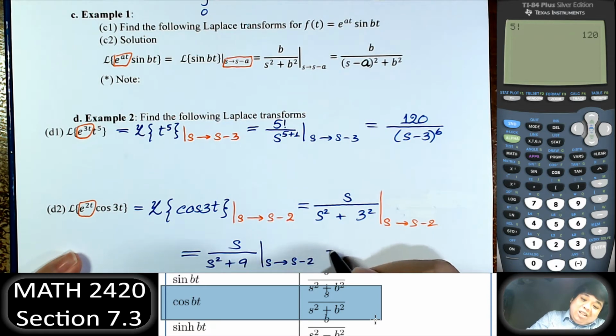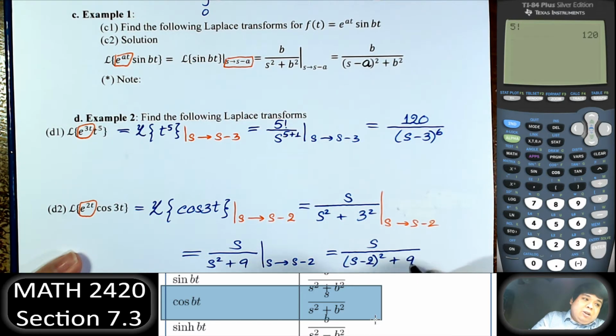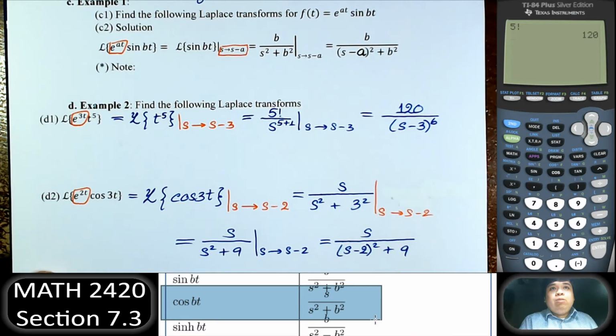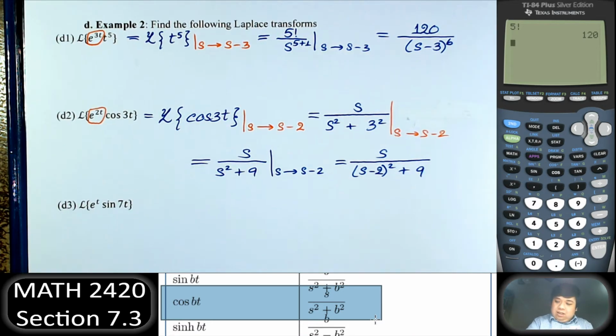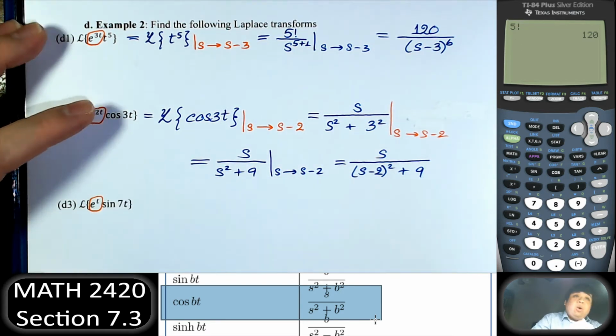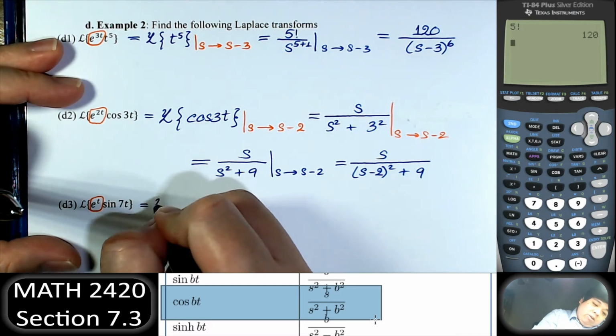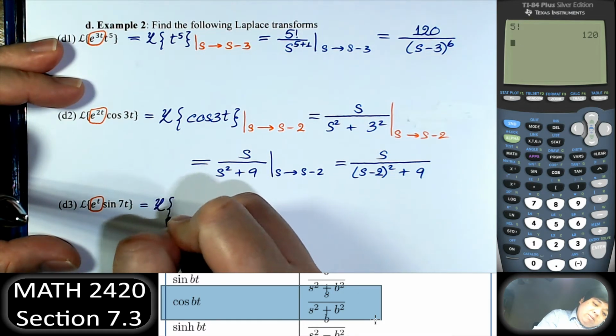I should say translate, because the transform is reserved for the Laplace transform. Right, so simple enough, right? Yeah. So we have this term. Just go ahead and find the Laplace transform of the rest of them.